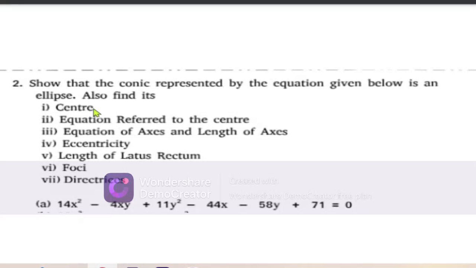Here is the question, as you can see. First of all we have to find the conic represented by the equation given below. The equation is 14x square minus 4xy plus 11y square minus 44x minus 58y plus 71 equals 0, which is in the form of the second degree equation ax square plus 2hxy plus by square plus 2gx plus 2fy plus c equals 0.